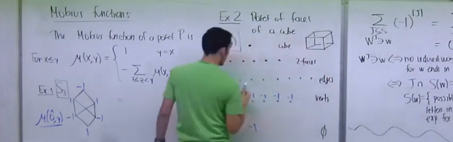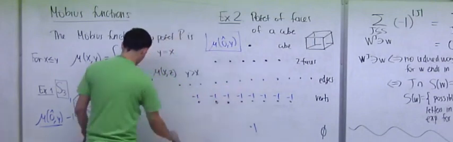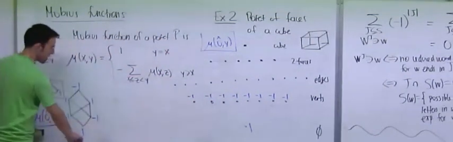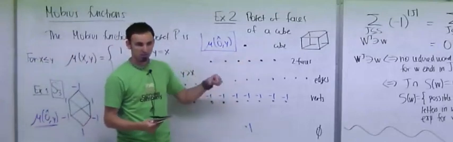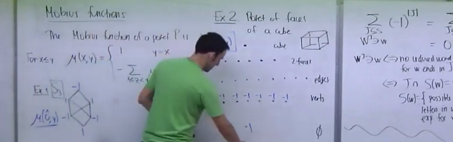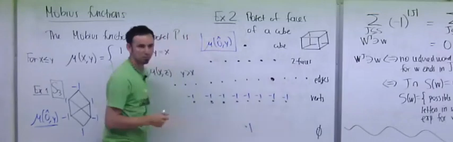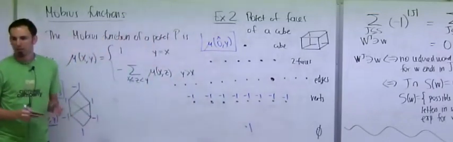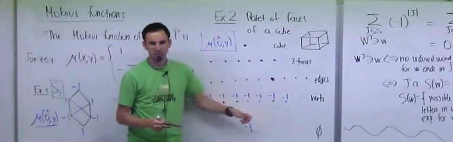Okay. So for an edge, what is the Mobius number? Well, basically, I have to see what is below. Now, you have to be careful because, remember, below doesn't mean a lower height. It means less than in the poset. Okay. So, for example, what is less than this edge in the poset? Well, I don't know which edge it is, so I can't tell you exactly which two vertices, but there are two vertices.